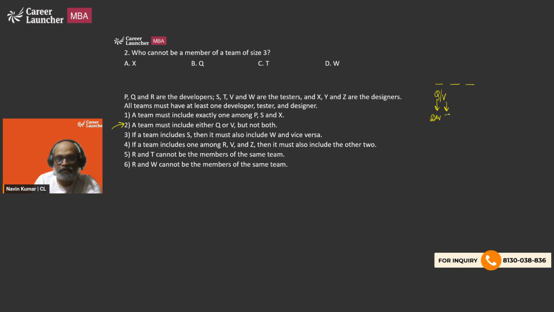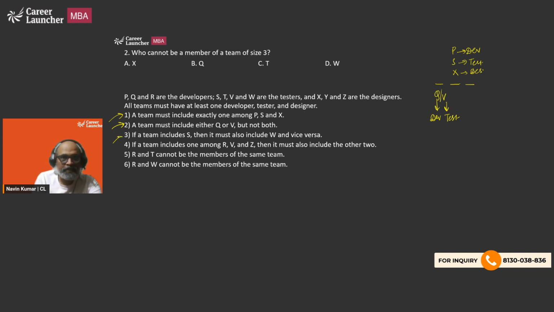If it is V, it's going to be a tester. First point, a team must include exactly one among P, S, and X. So the other category is P, S, or X. If P is there, that's a developer. If S is there, that's a tester, and X is going to be a designer.